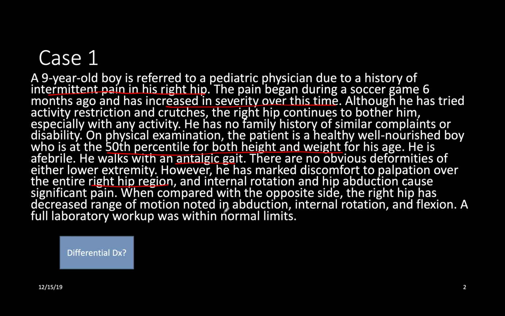Sure, Ewing sarcoma. Absolutely. That's definitely something we need to keep in mind: anytime we have bone pain in children, we have to think about Ewing sarcoma. Any of those bone tumors can definitely be something to consider.